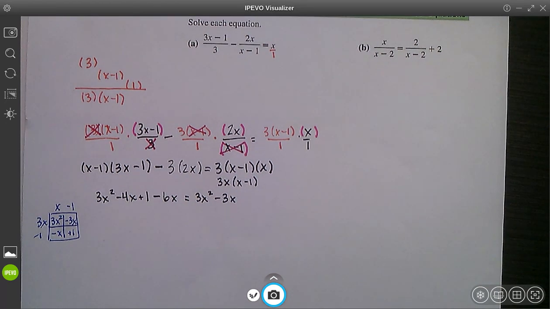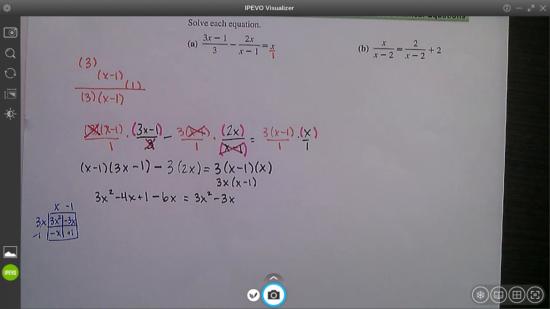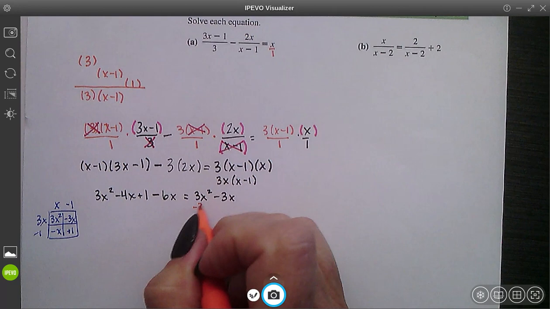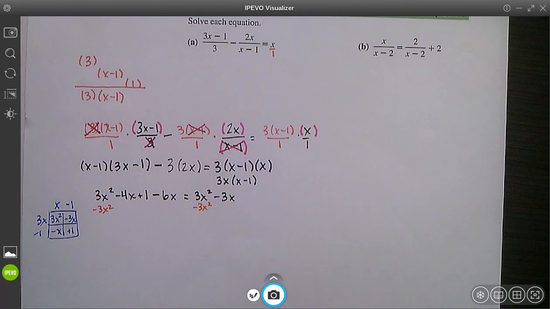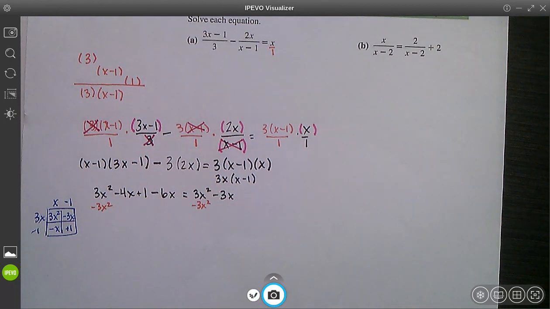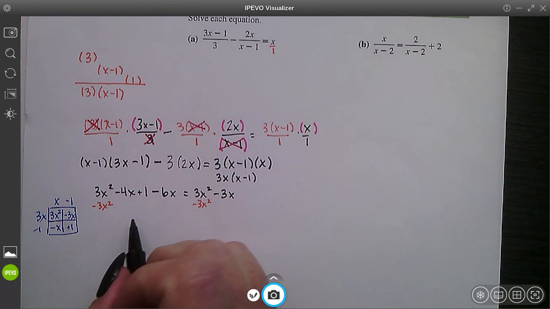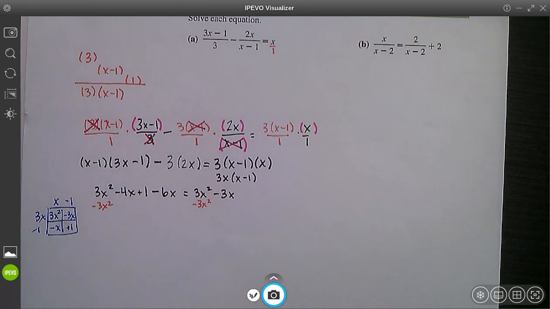Now, this right now is a quadratic equation because it has a degree of 2, but I notice that when I start moving terms around, by subtracting the 3x squared, that 3x squared is going to cancel on both sides. So it's not a quadratic equation anymore. It's actually going to be a linear equation.